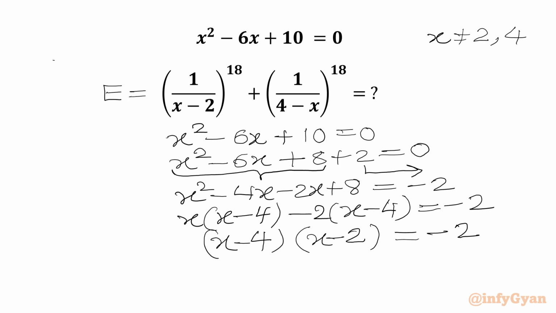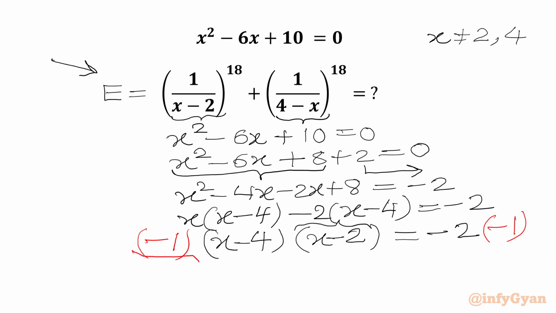Now as per our expression, here we have 4 - x and x - 2. So x - 2 is okay, but here we have x - 4. So we will multiply our equation both sides by -1 so that we get the same bracket 4 - x.